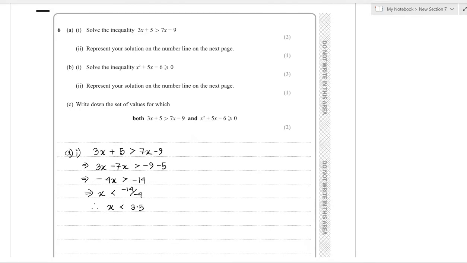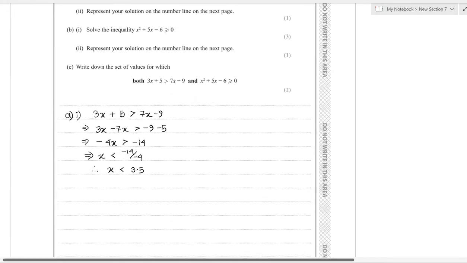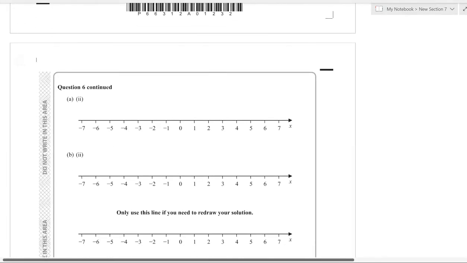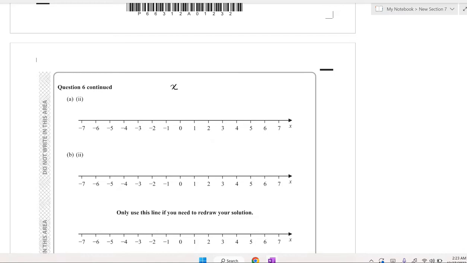And in part 2, we need to represent this solution onto the number line on the next page. So the number line is here, and for part 2, you have to express that x is less than 3.5 onto this number line. Remember that less than inequality means arrow towards left, right? So if you just focus on this, the head of the arrow is pointing towards left, and the less than inequality also points towards left.